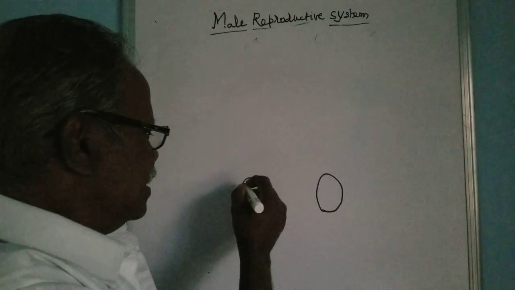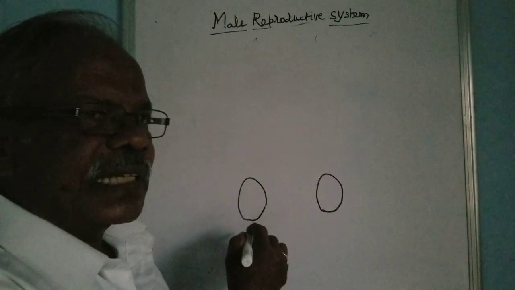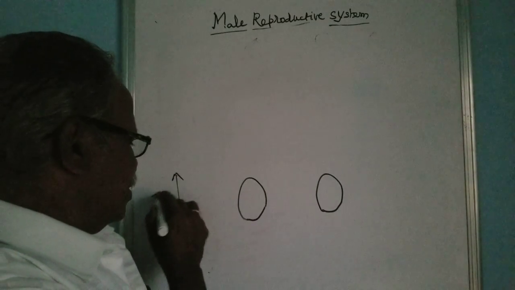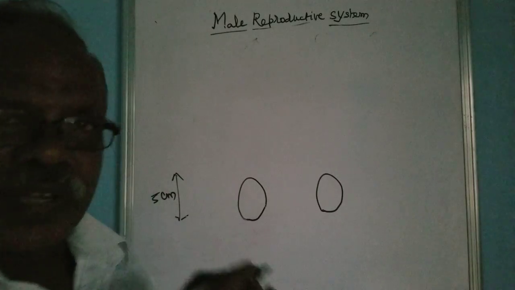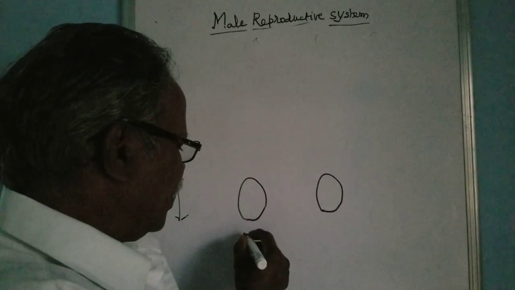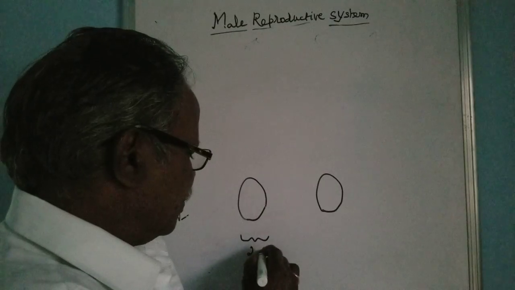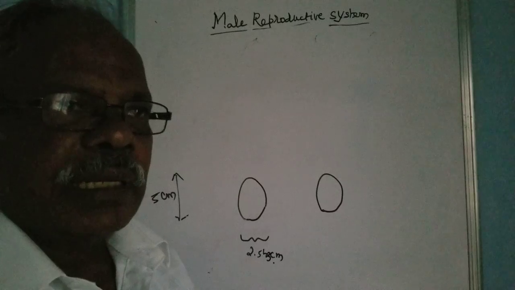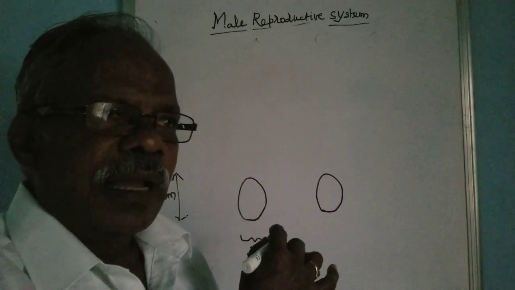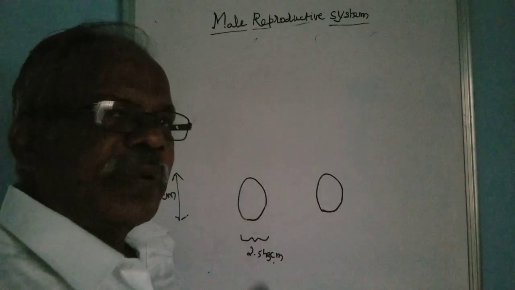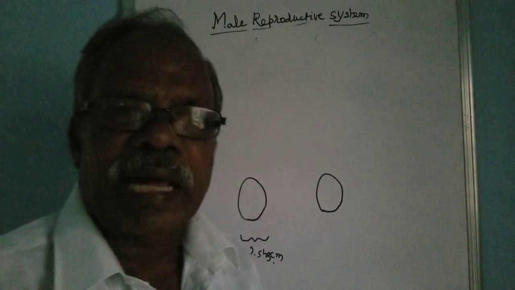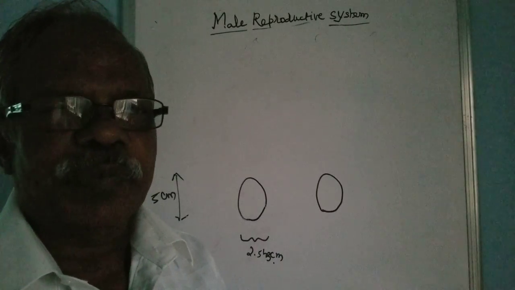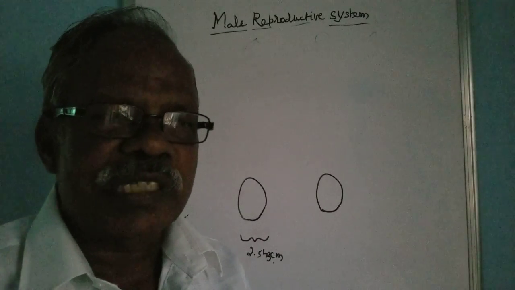The length of the testis is around 4.5 to 5 centimeters, and the breadth is 2.5 to 3 centimeters. The testis is covered by a sac-like structure called the scrotum. Scrotum is a special type of skin in which a lot of folds are found.